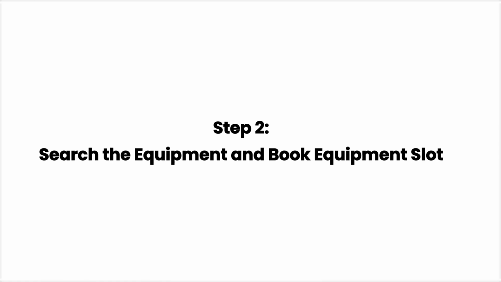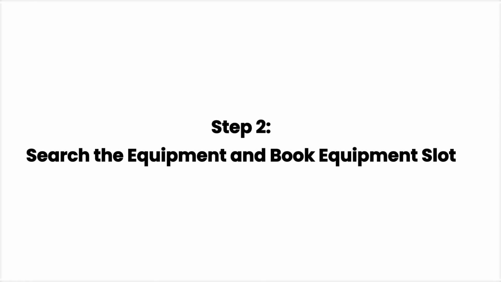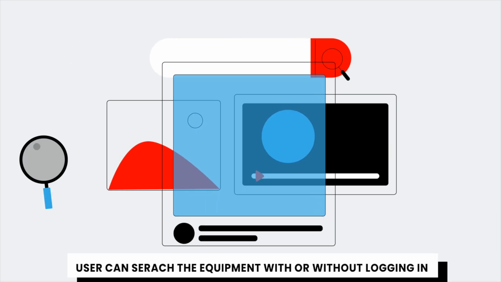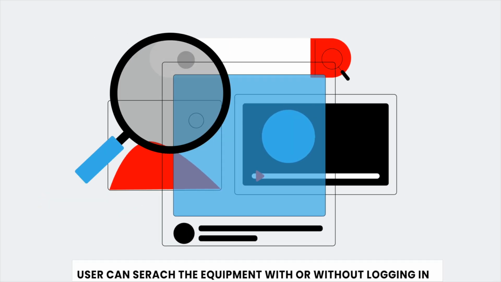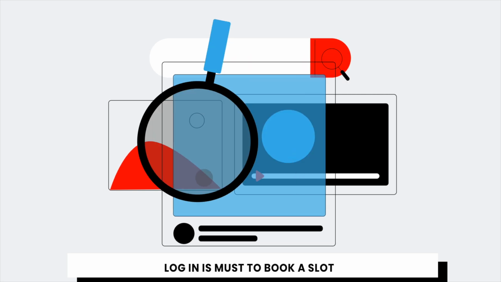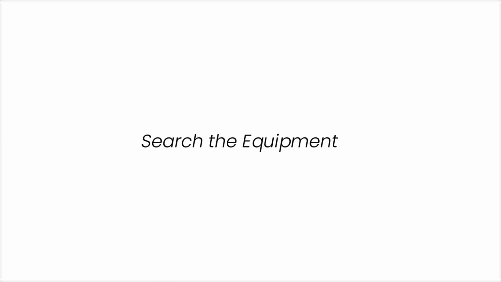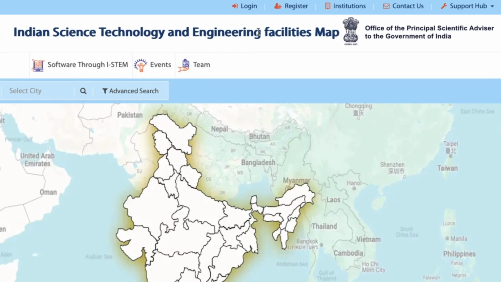Step 2. Search the equipment and book equipment slot. Researchers or public users can search for equipment with or without logging in, but a login is required to book a slot. Search the equipment. Visit www.istem.gov.in and log in as a public user.